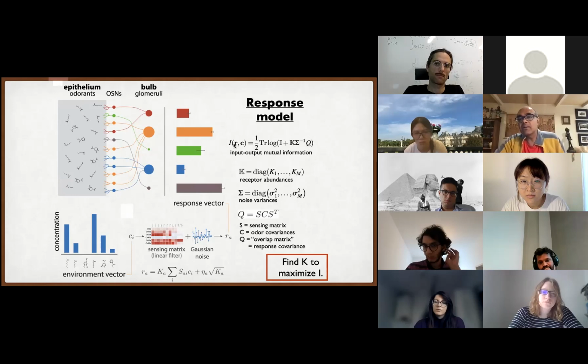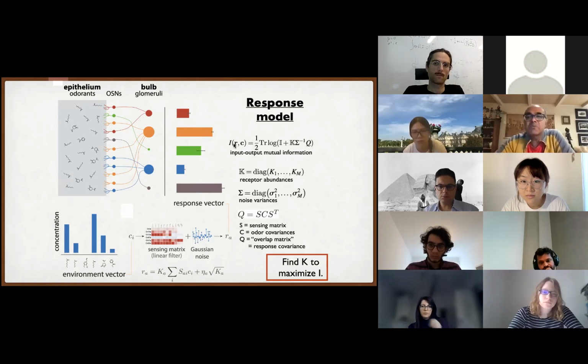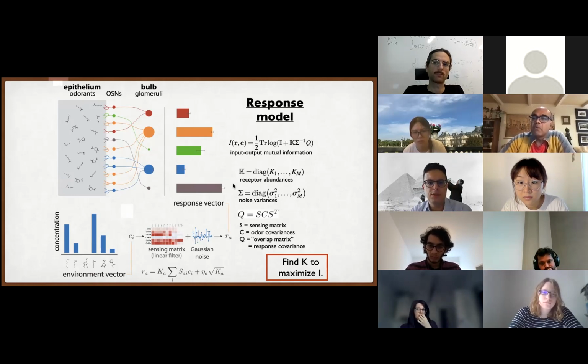Then you can work out and calculate by hand, because we made all these Gaussian assumptions for lack of actual experimental data, the input-output mutual information. This is the same object that we discussed in the previous lecture, and I'm not going to discuss the details of exactly how we did this. There are some parameters that matter, including the abundances of each receptor type and the variances of the noise of each receptor. Okay, so these are the facts.